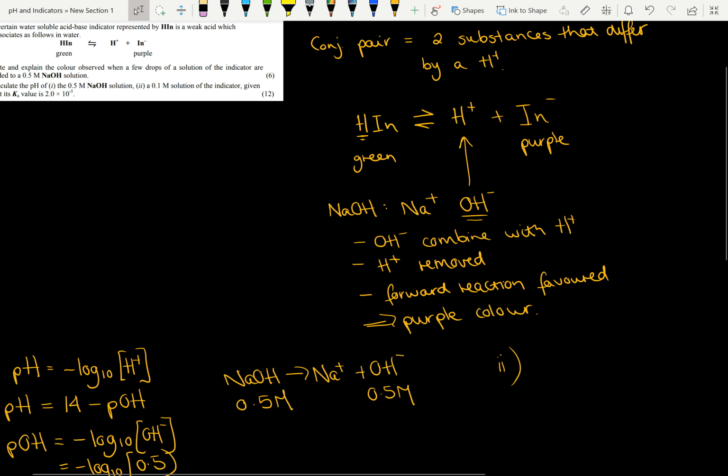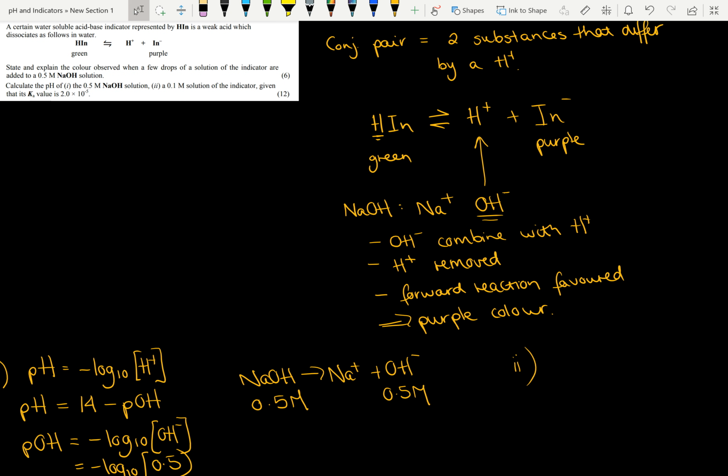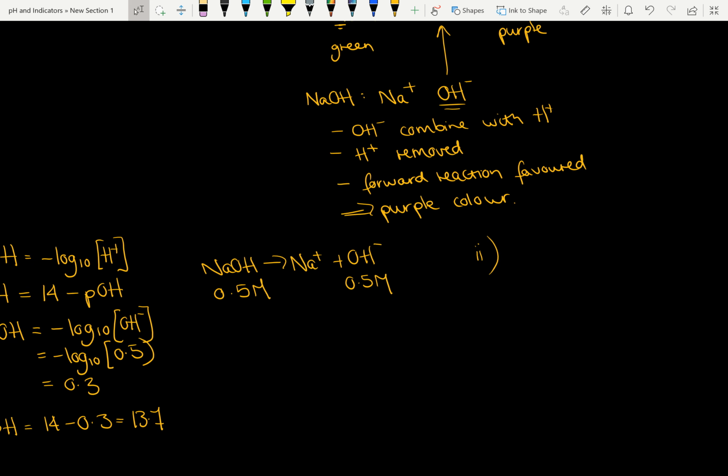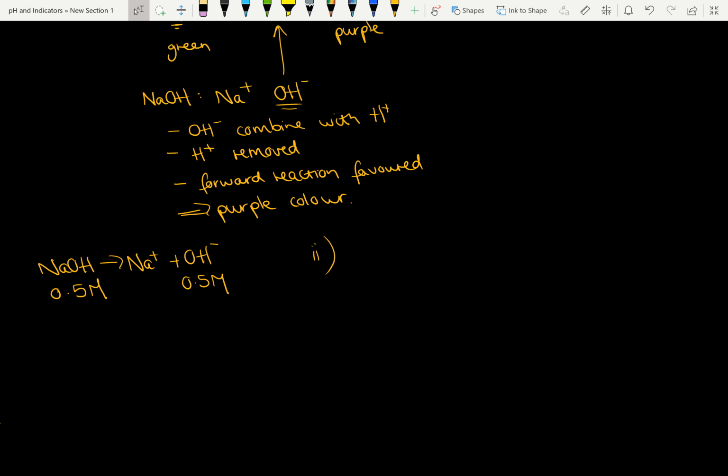Now, the next calculation they ask us is the pH of a 0.1 molar solution of the indicator given its Ka. So we know that if we've got a weak acid, we need the Ka, because in order to find the H+ ion concentration for our pH equation, we need to find the square root of the Ka multiplied by the Ma.